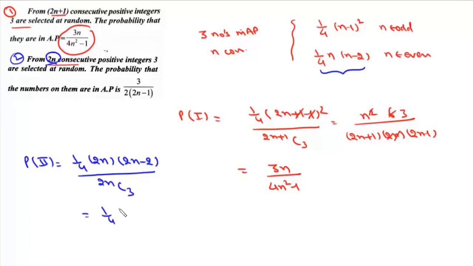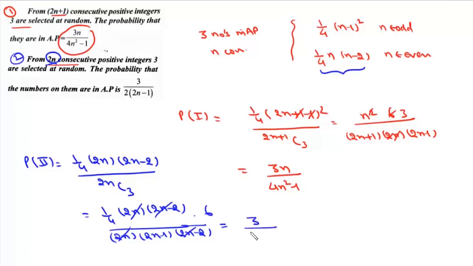So we'll write this as 1 by 4 into 2n into (2n minus 2), and this is 2n into (2n minus 1)(2n minus 2) by 6. Now I'll cancel. This value will be 3 upon 2 into (2n minus 1), which is our second result. So this is the answer to this question.